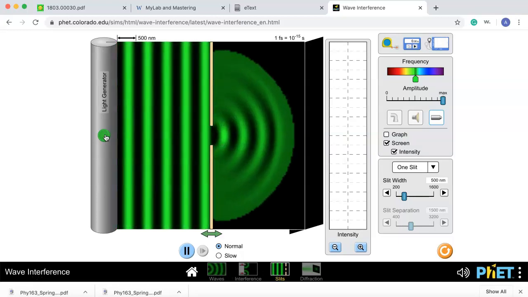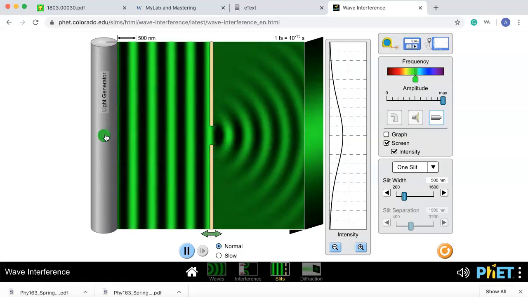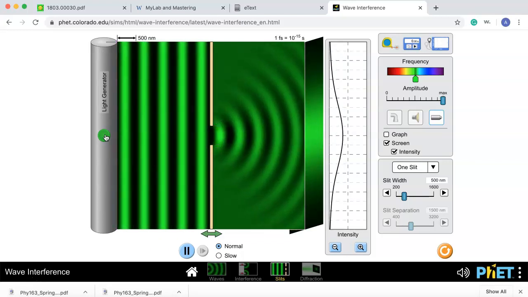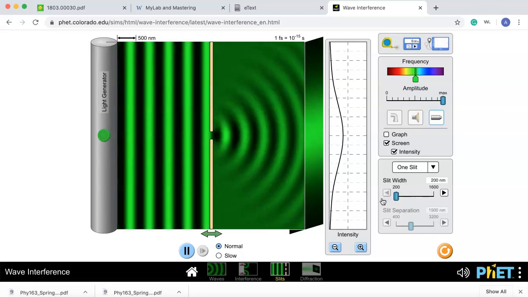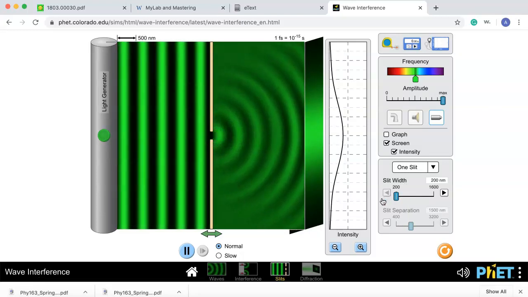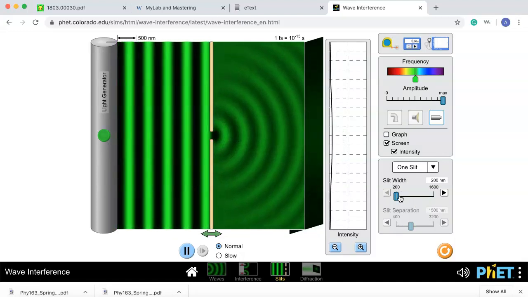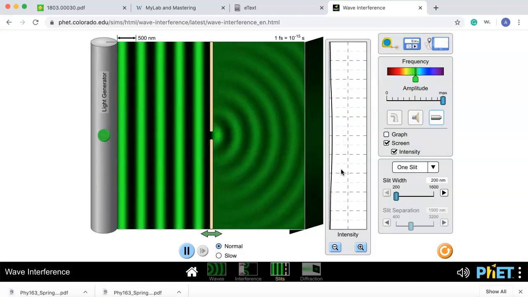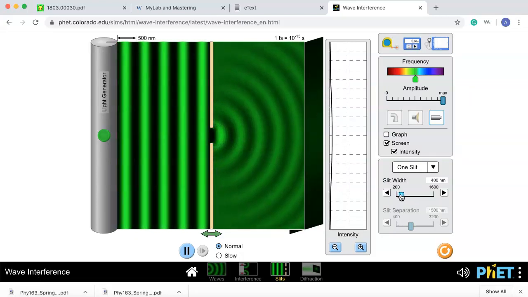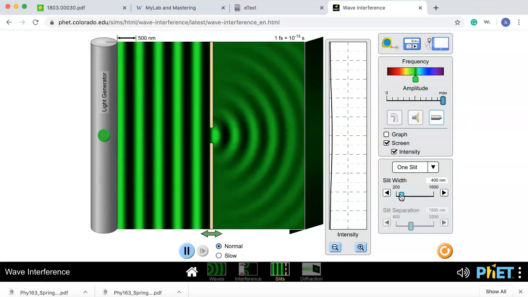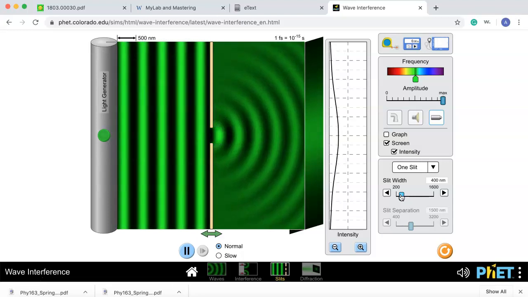It's going through one slit, so in this limit we just see some kind of a broad central peak. We don't see any fringes, right? It seems in this limit for a very narrow slit, as expected, there's very low intensity and it just monotonically decreases from a bright central region.